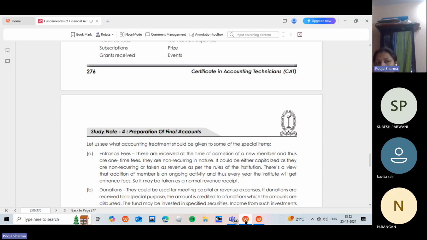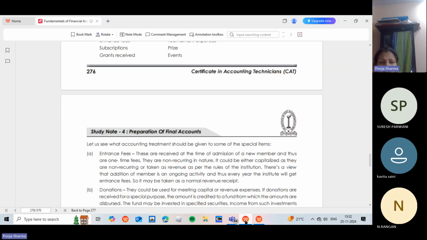Whenever a new member joins our club or non-trading concern, they pay entrance fees. When a person takes membership of our society or club, it is most probably a one-time fee. So it is of non-recurring nature and of capital nature. It is shown under the head capital in the balance sheet.